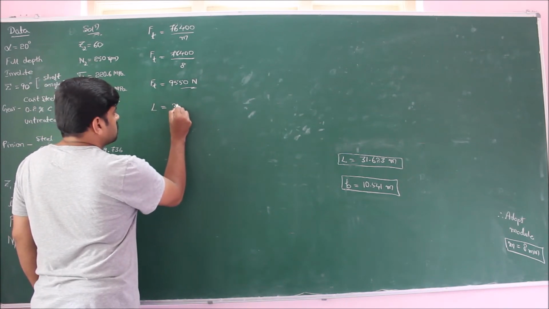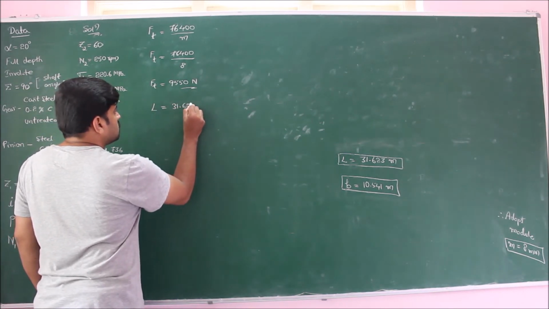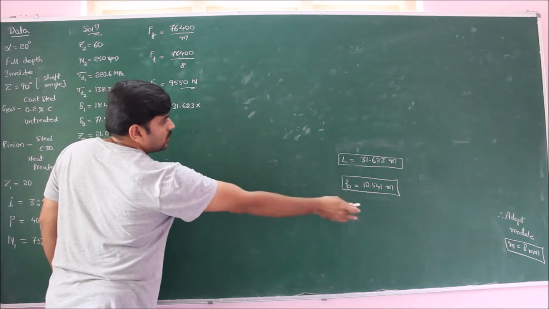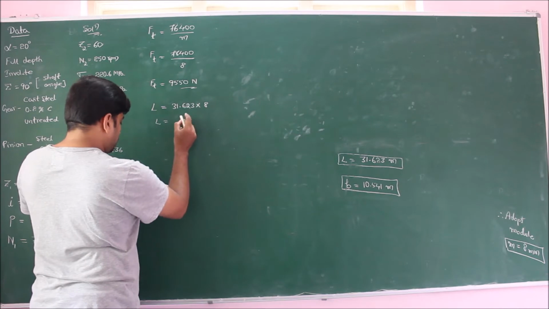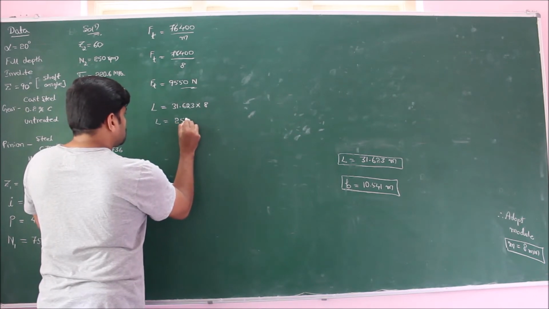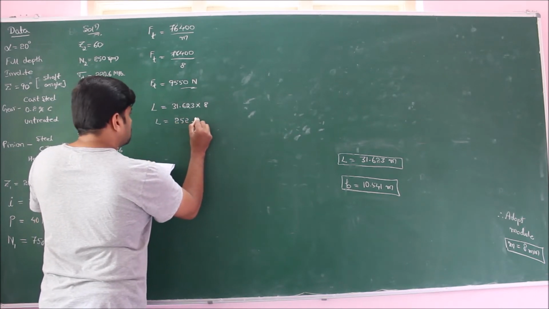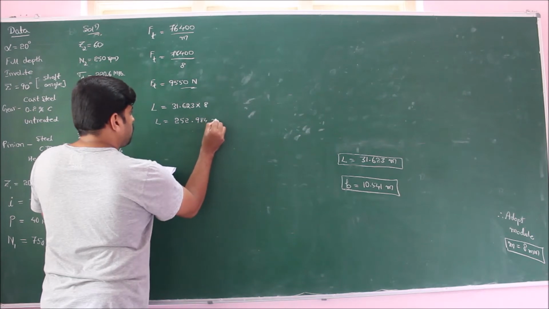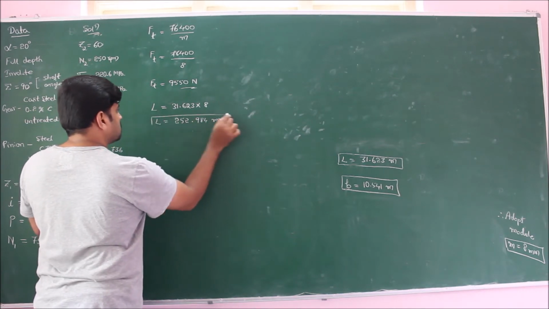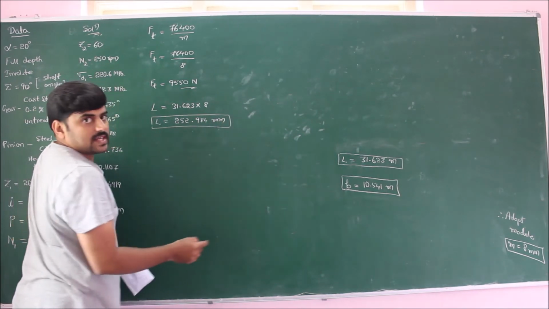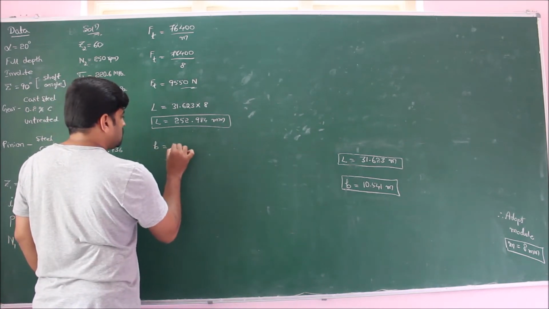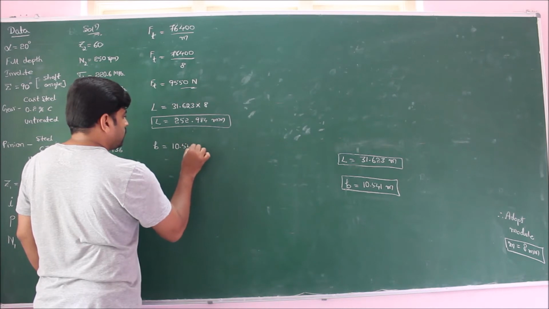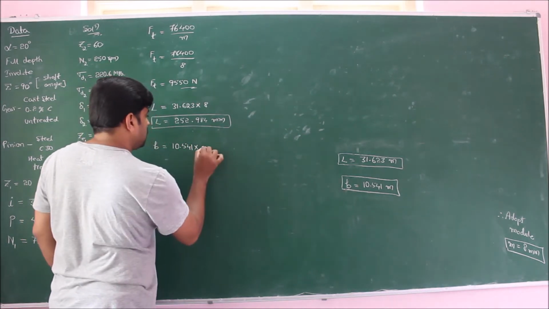Coming for the value of length L, it is equal to 31.623 times the module, which is 8, so therefore length will be 252.984 millimeters. Coming for the face width B, we have face width B which is equal to 10.541 times the module, which is 8.